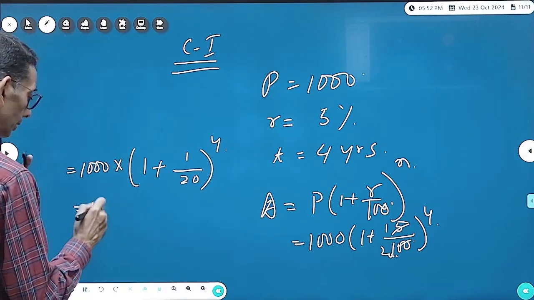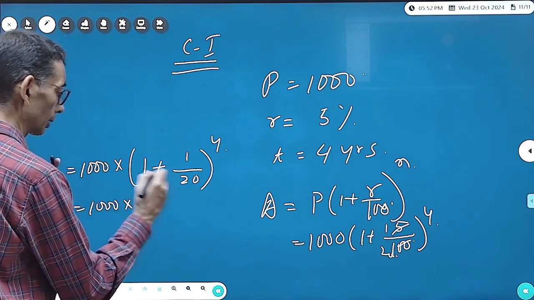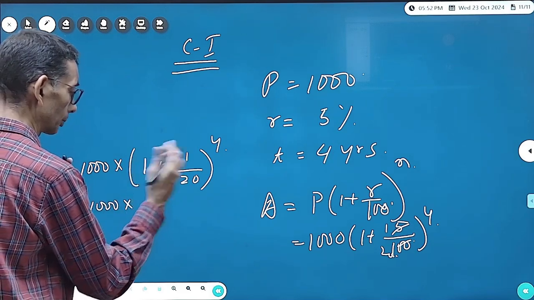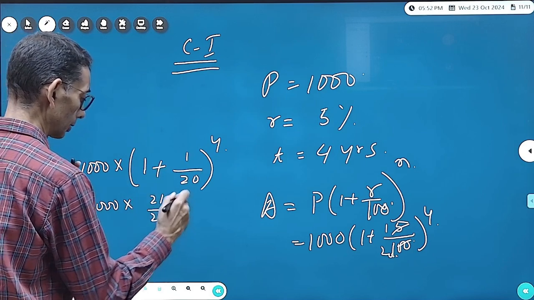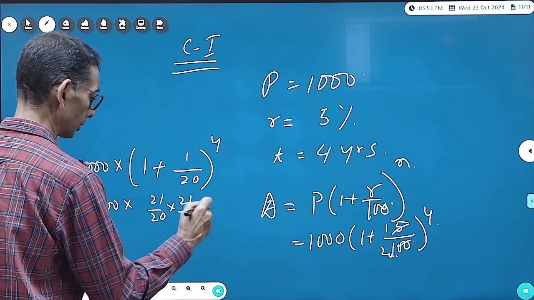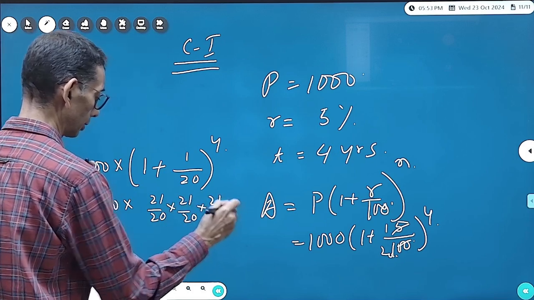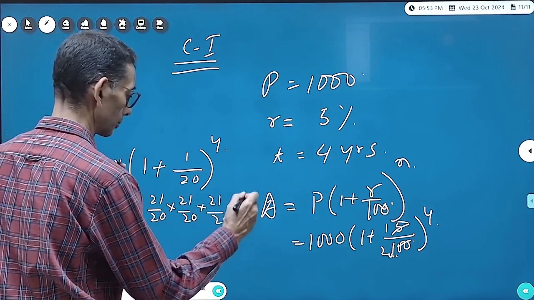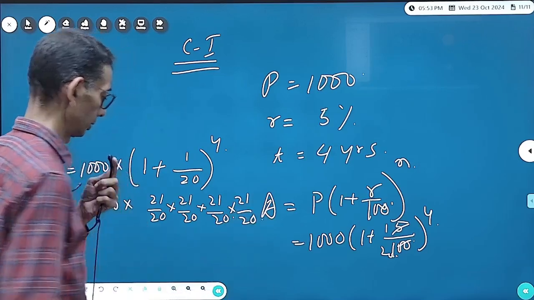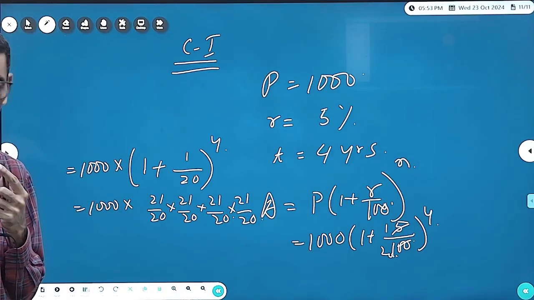So it is equal to 1000 into 21 by 20, 21 by 20, 21 by 20, 21 by 20, 4 times, right?